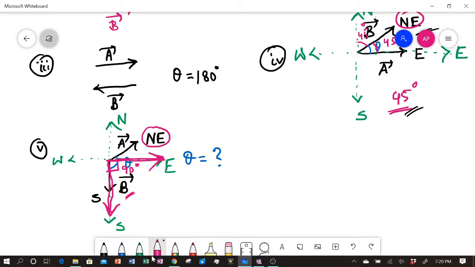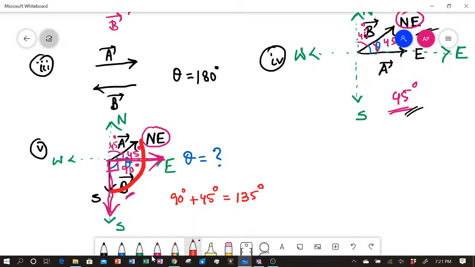That means A vector is 45 degree from east and 45 degree from north. That means the total angle here is 90 degree plus 45 degree, right? 90 degree plus 45 degree, that means this is 135 degree.